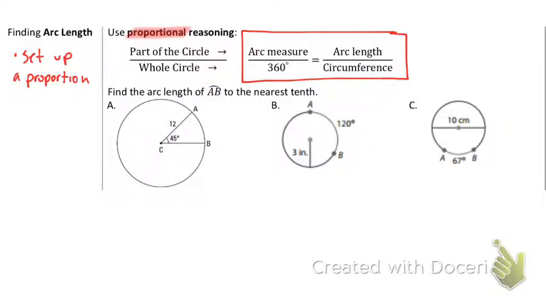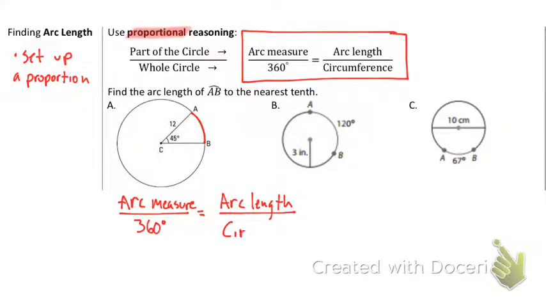We're trying to find the distance between A and B. To do that, we use the formula of arc measure divided by 360 equals arc length divided by the circumference of the circle.